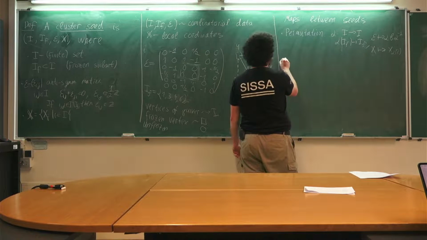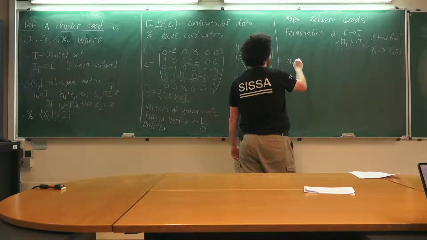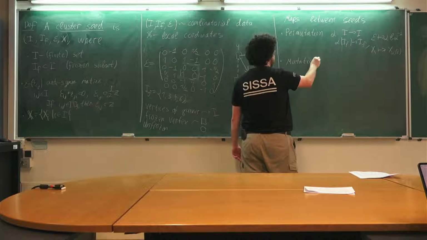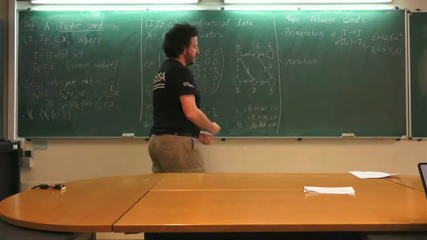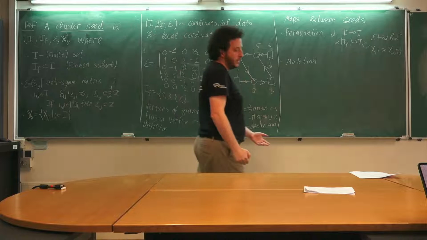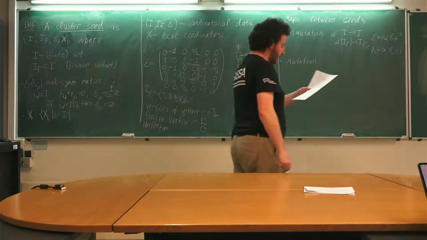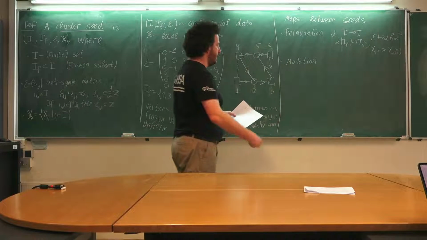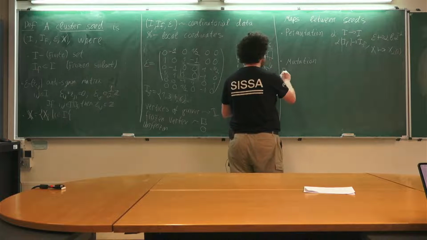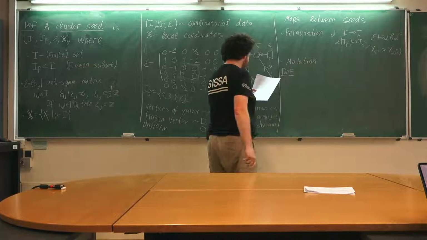The most non-trivial definition is the definition of mutation. So mutation is a transformation which maps one seed to another, and it can be performed in any unfrozen vertex. Definition.